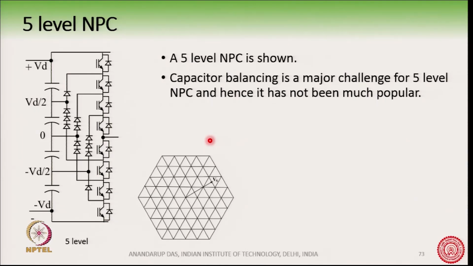Okay. So, in this converter, suppose we want to get the Vd voltage, that is the pole voltage with respect to this 0 point. If I want to get Vd, then I will turn on all the 4 switches here.